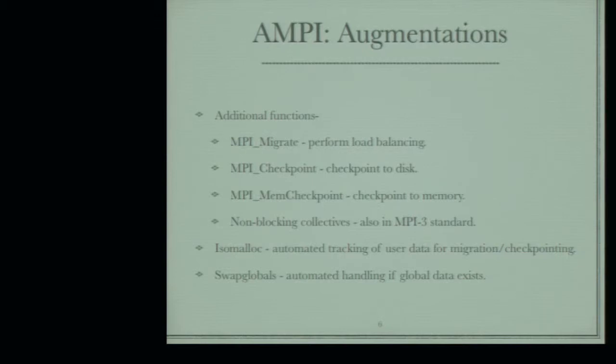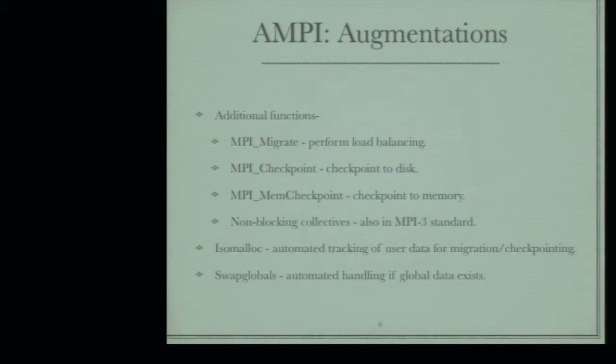And since we are implementing MPI ranks as objects, we would like to provide migration facilities to MPI programs. So this is just a call for that. If a user calls MPI_Migrate, which is a global collective, the Charm++ RTS underneath will conduct load balancing and migrate processes if necessary.